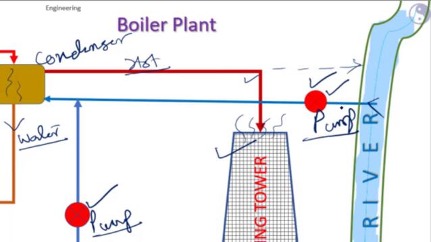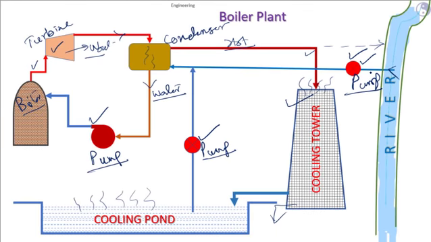If we have a cooling tower, then the same water can be used again and again as cooling water, and if the river cannot supply the cooling water throughout the year, or if the river cannot supply a sufficient amount of water, then this cooling tower helps us reuse the cooling water.